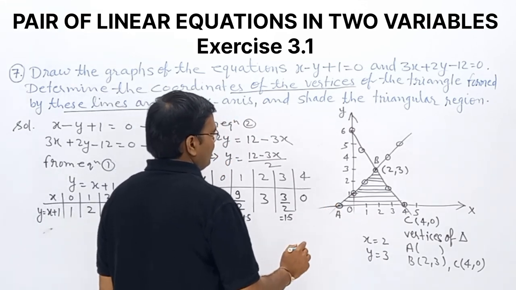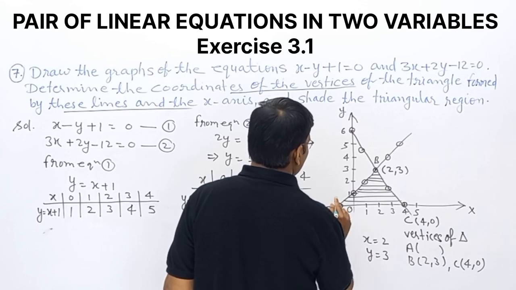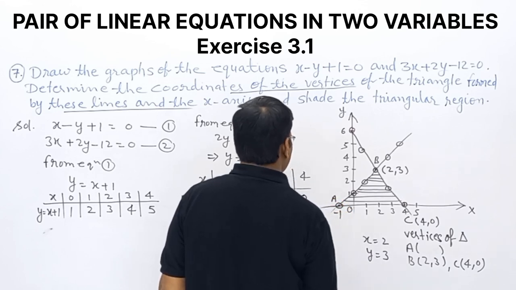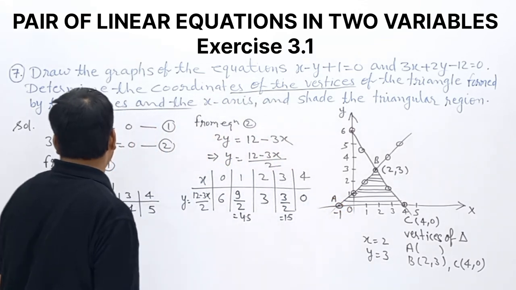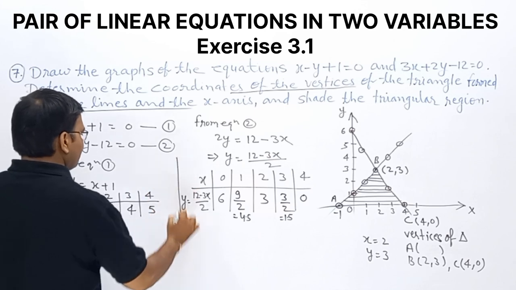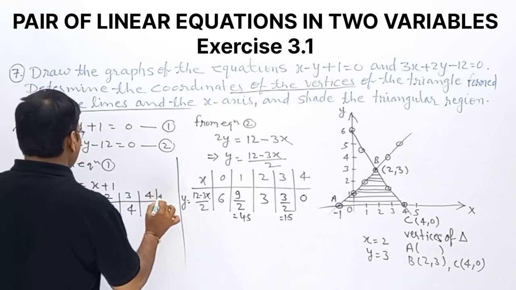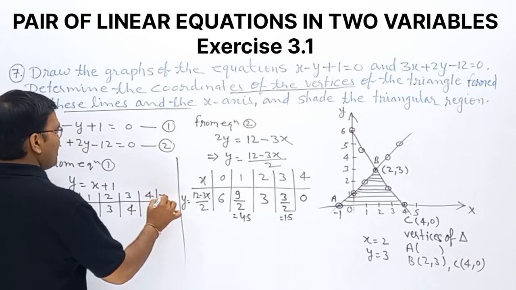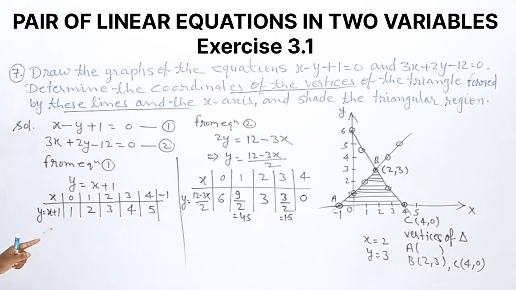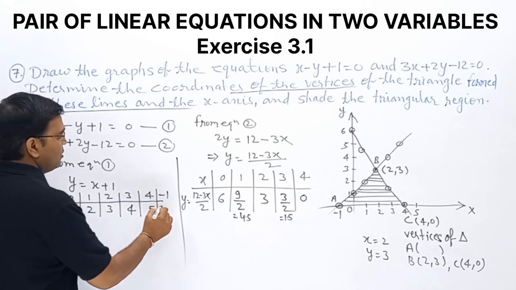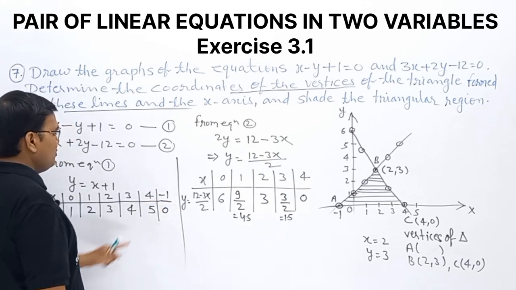Now what about A? Observe carefully. Let us take x as -1 and put -1 in the equation; then y will be -1 plus 1, which is 0.